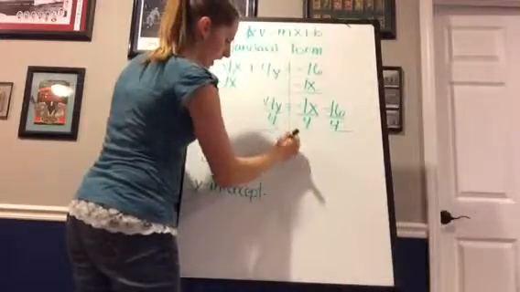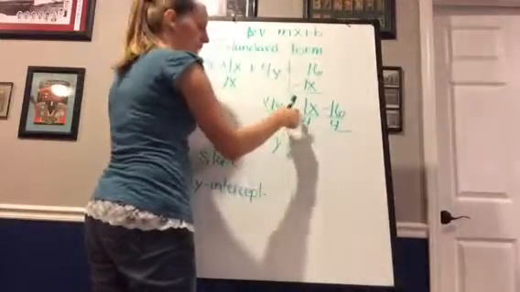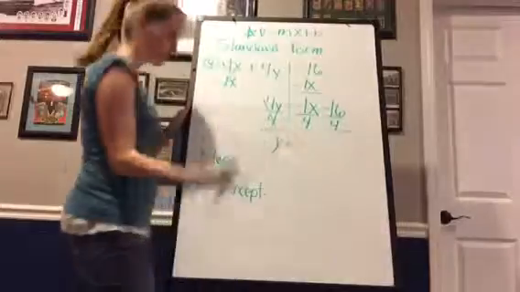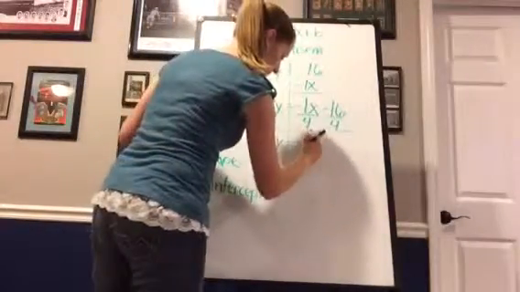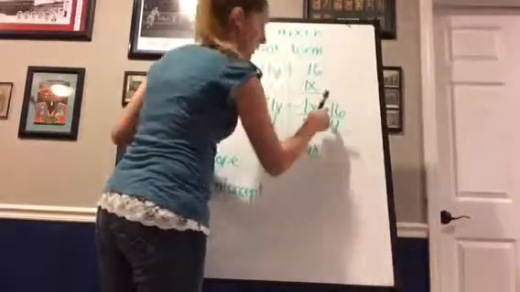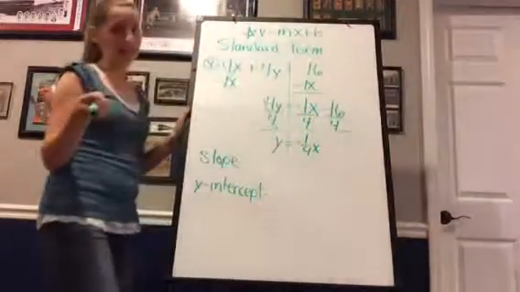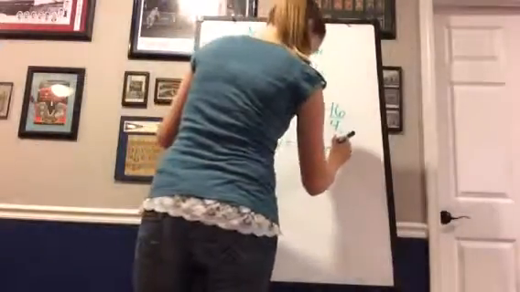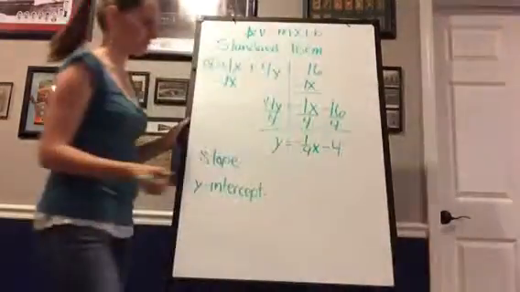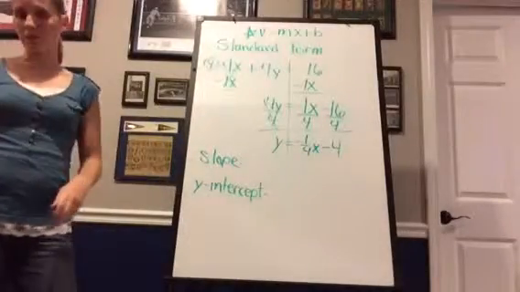So they cancel. I get y equals negative 1 over 4. Can't divide it, can't simplify it, leave it. Negative 1/4 x. Negative 16 over 4, that I can divide. Negative 16 divided by 4 is just negative 4. So I put negative 4. Now I can figure out the slope and the y-intercept.